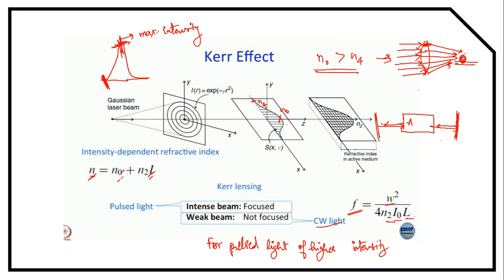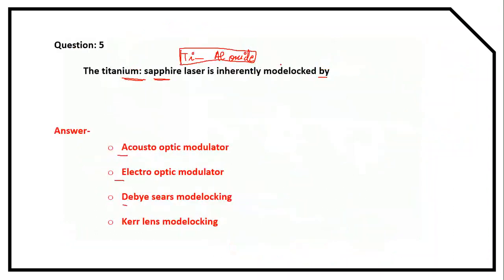And how is this mode locking done? Mode locking means only the intense part of the beam is more focused, and therefore the continuous wave part will be eliminated, and the intense beam part will be the one you get, and therefore you get the pulsed beam.